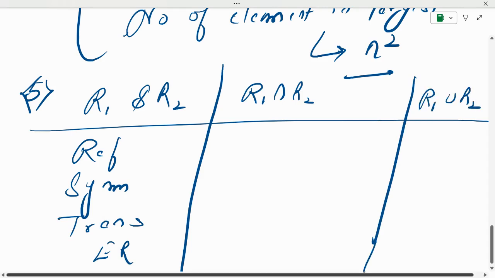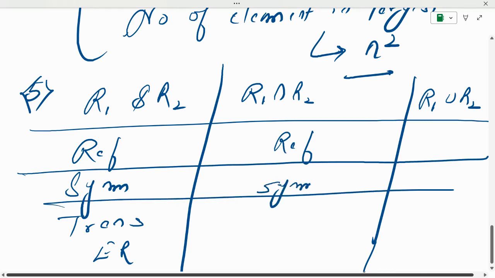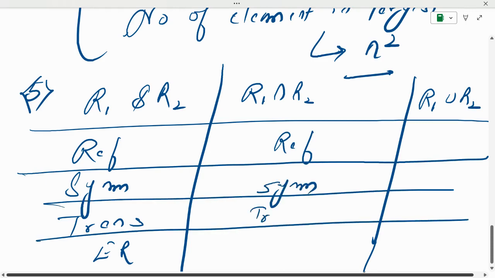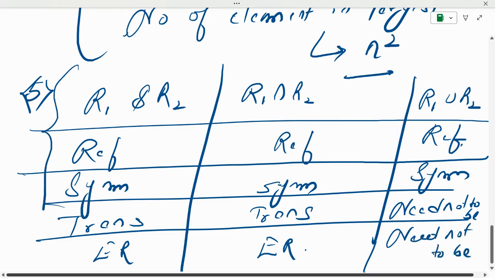R1 intersection R2 will be reflexive, symmetric, and transitive, and it will be an equivalence relation. But R1 union R2 will be reflexive and symmetric as well, but transitivity need not hold, and so it need not be an equivalence relation. So these are some important results.